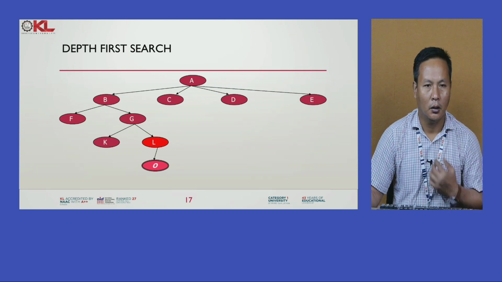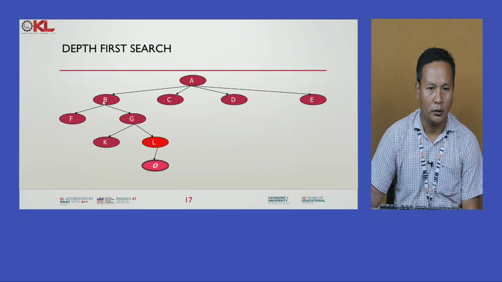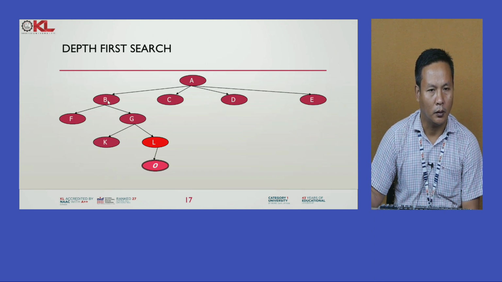After reaching node B, we compare the value with L, but L is not obtained up to B, and we have to move further to the left branch.